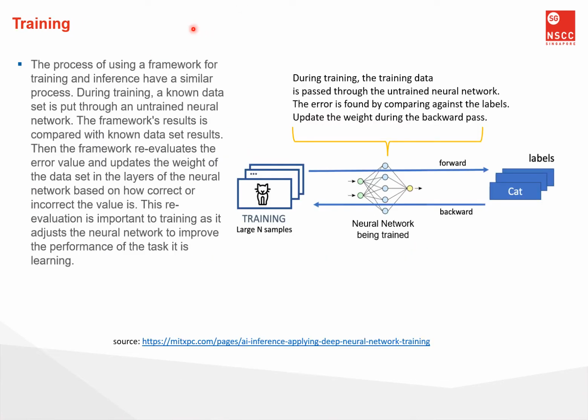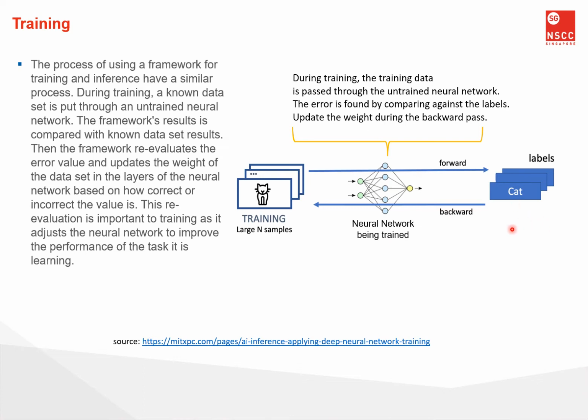Now, this slide talks actually about the training process. The process of using a framework for training and inference are pretty similar, but during training, a known dataset is passed through the untrained neural network or machine learning algorithm, and the result is the model, right?